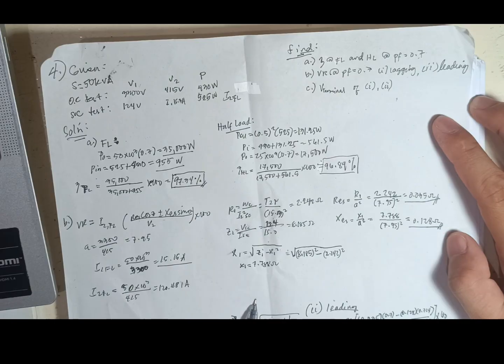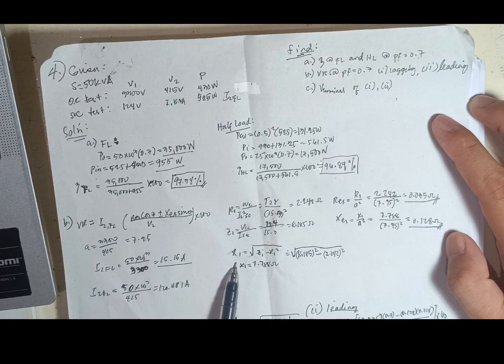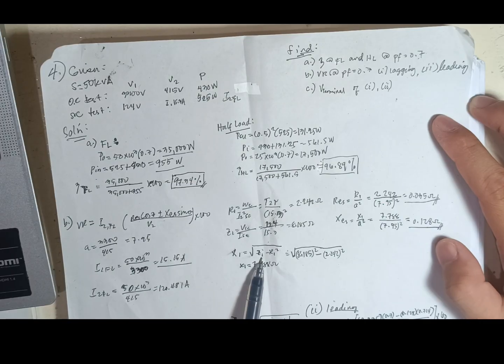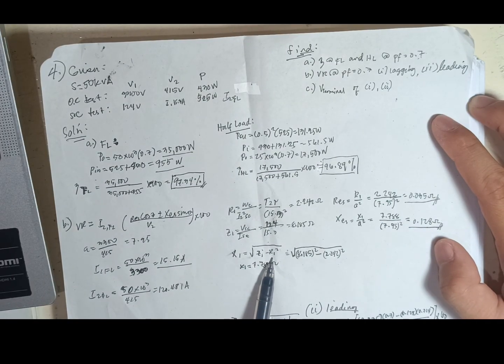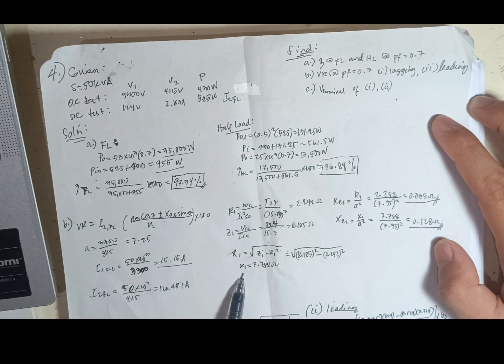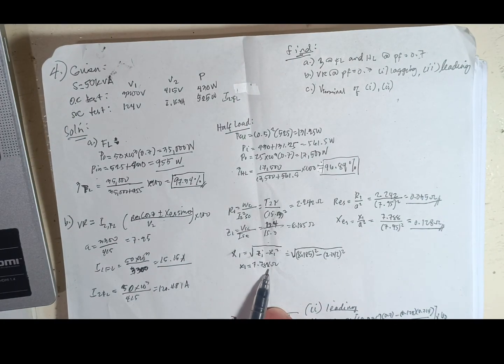And to get the value of the reactance X1, it is equal to the square root of Z1 squared minus R1 squared. Plugging in the values, 8.185 squared minus 2.242 squared, we get the reactance X1 equal to 7.788 ohms.